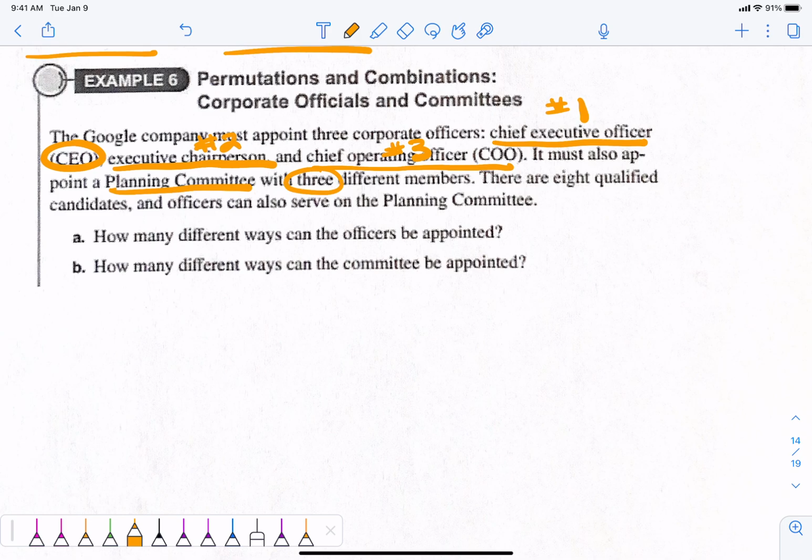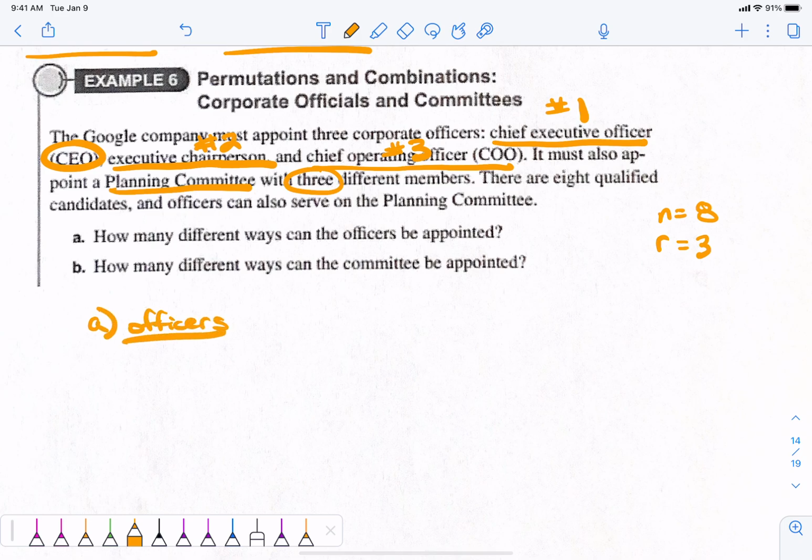Let's talk about the 8. What is the 8? The total number. R is the number that we're choosing. So even if I'm choosing the officer team or the committee, I'm choosing 3 of them. Officers can also serve on the planning committee. How many different ways can officers be appointed?